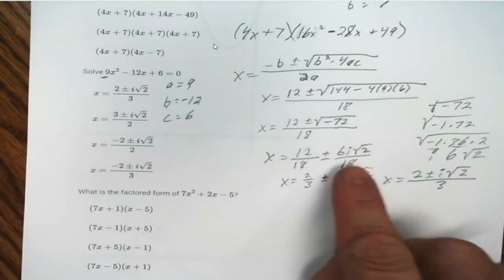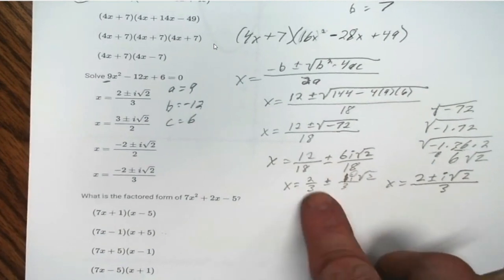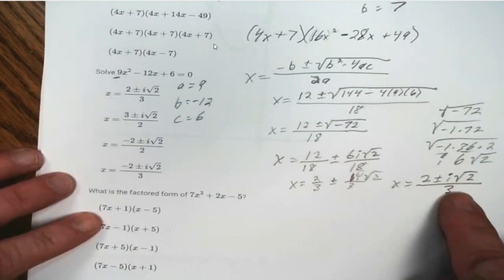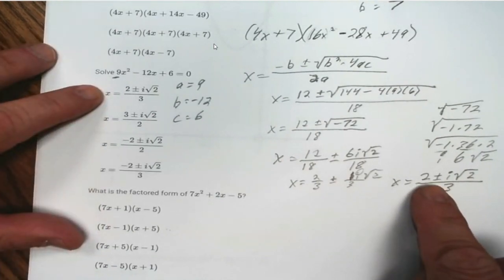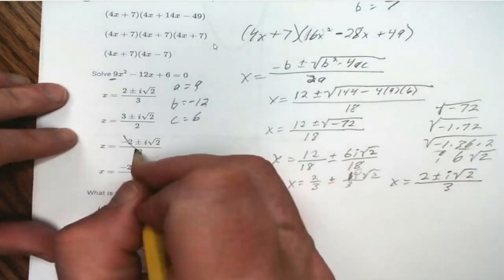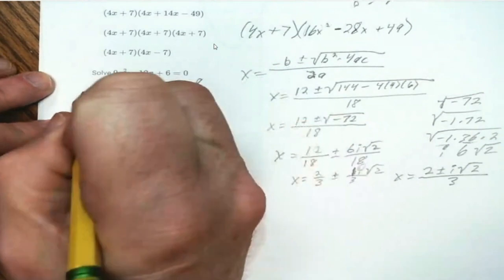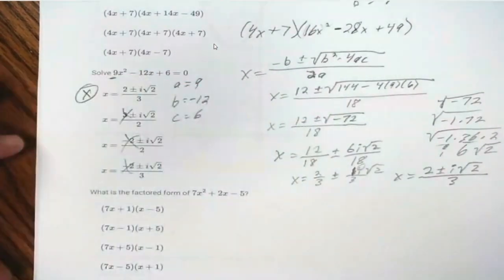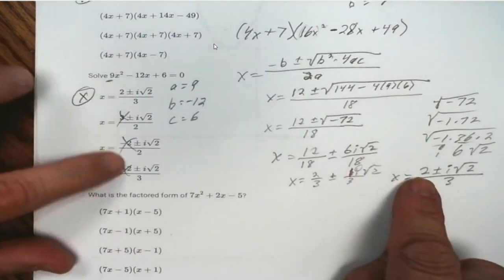The 6 over 18 is 1/3, so 12 over 18 is 2/3. They both have a 3 on the bottom, so I can combine them back together since they have the same denominator. So 2 plus or minus i square root of 2 over 3. These are negative 2, so we can cancel that out. This is the 3. This is the one that even has a 2, so it's definitely that one.